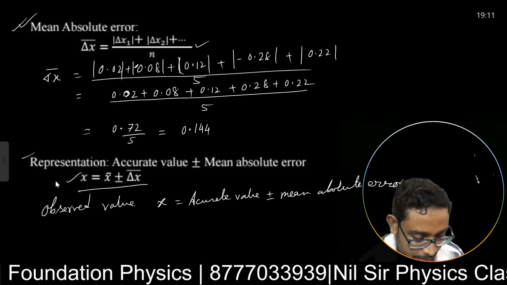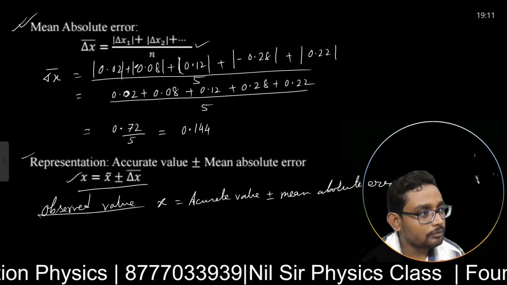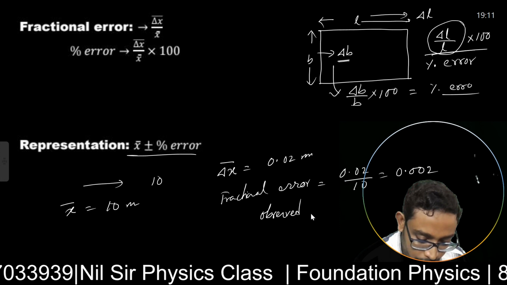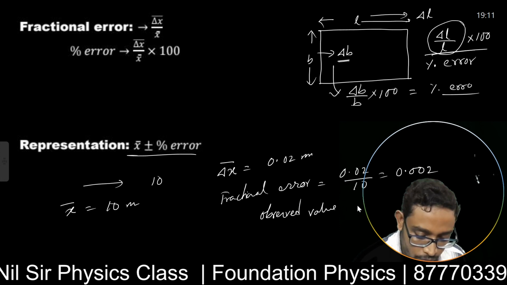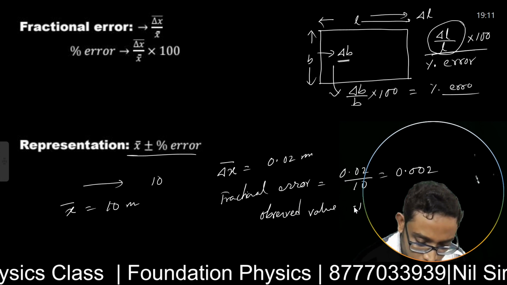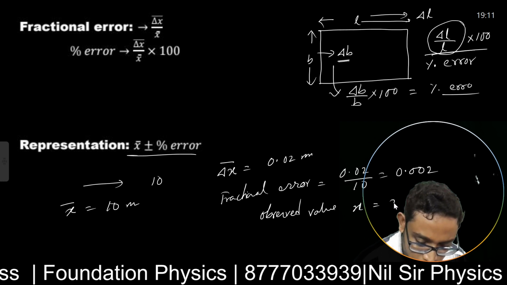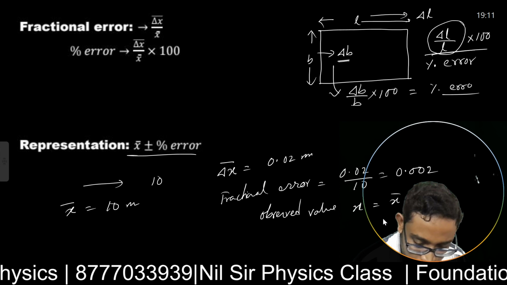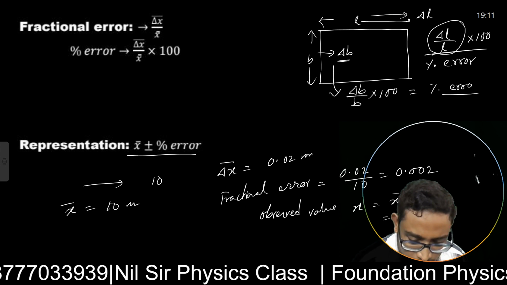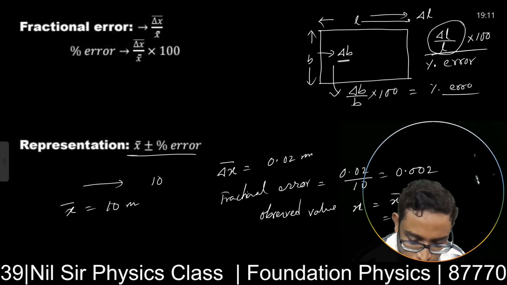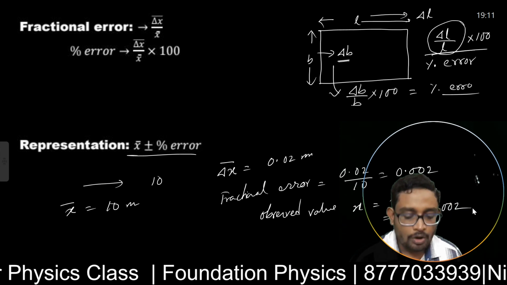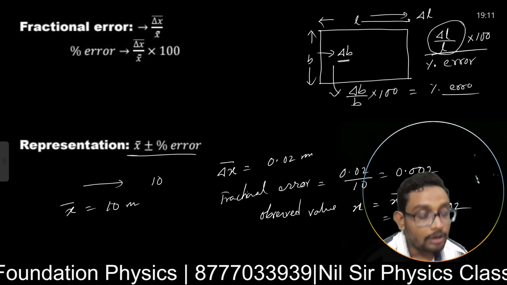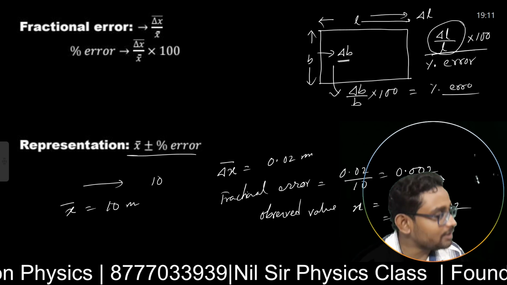So what will be your observed value, which is 10 plus or minus, or in terms of percentage, we multiply this by 100.